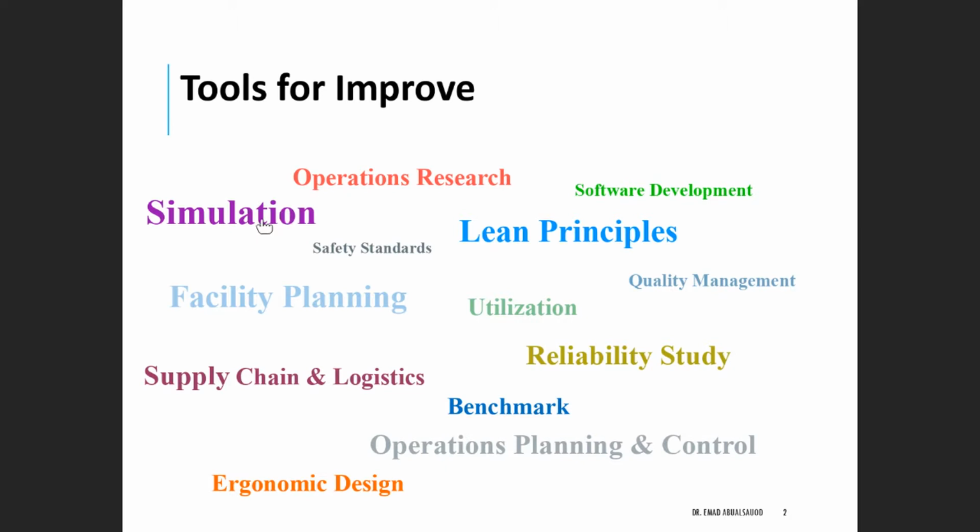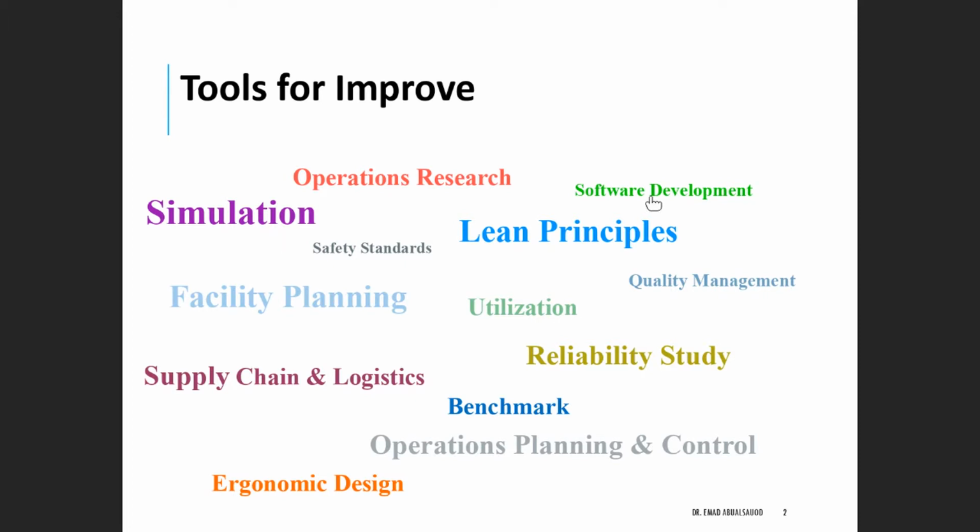We can use simulation to implement your improvement plan in a software package that simulates the process before you make the changes, which will cost you. Or you can also use simulation to compare your current status with the future expected process after the changes are implemented.